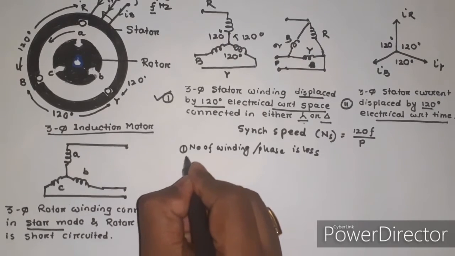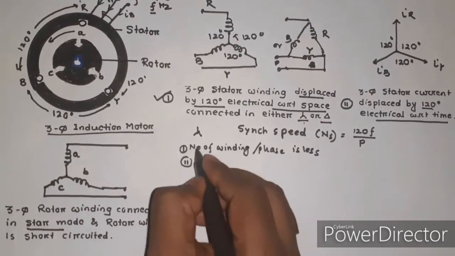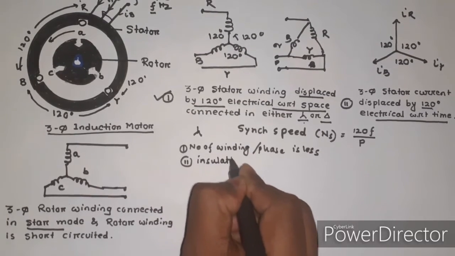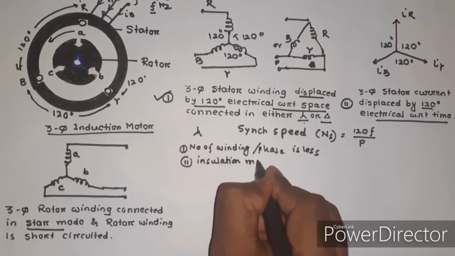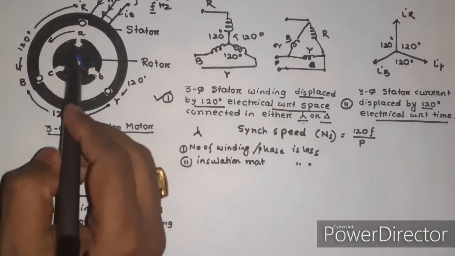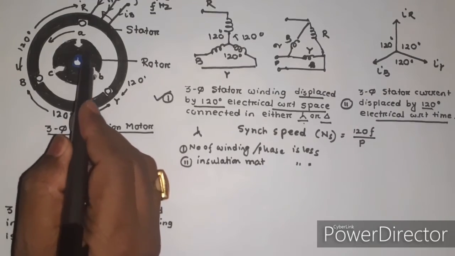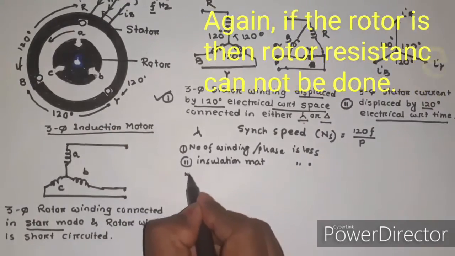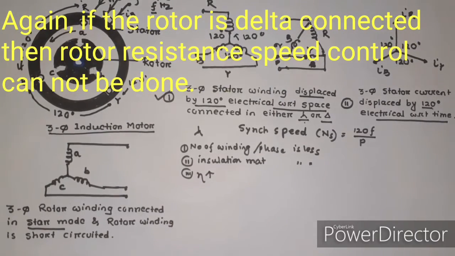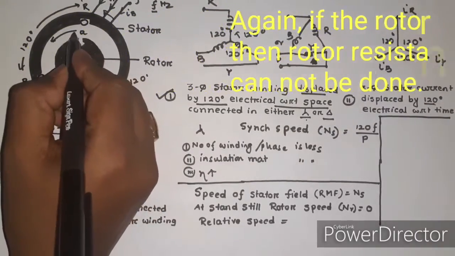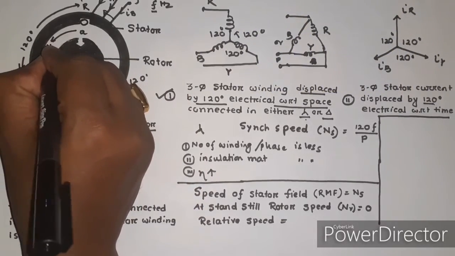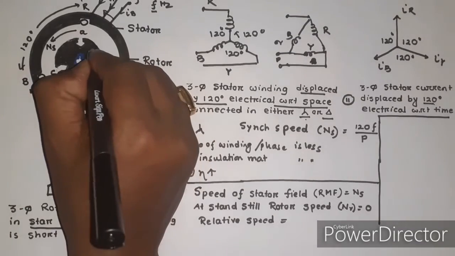Again, for star winding, the insulation material required is less. Therefore, the size of the rotor will be less, and the efficiency of the motor will be increased.